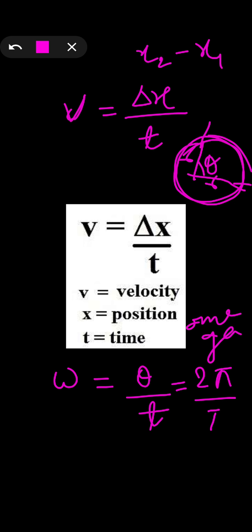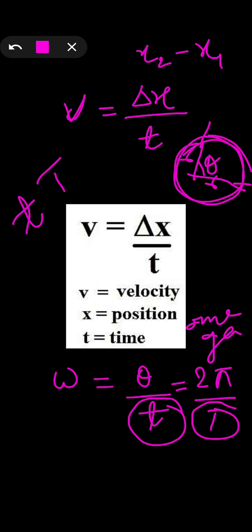Here small t and capital T are different. We have already discussed that small t is the time, and capital T is the time period, that is the time taken by the body to cover the whole complete circle.